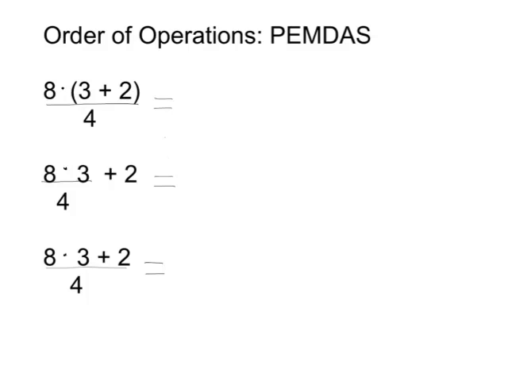So to try and illustrate the point, I've got three equations here with all the values present. What you should notice is I have the same four values, 8, 3, 2, and 4 in each of the equations, and the same three operations: multiplication, addition, and division.